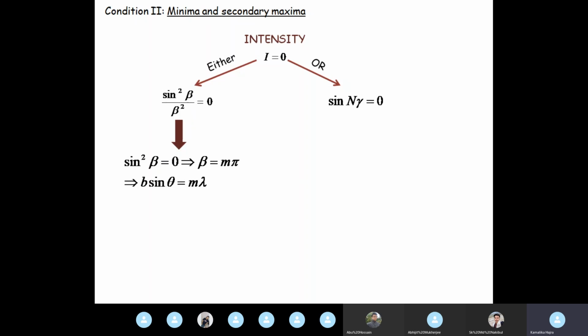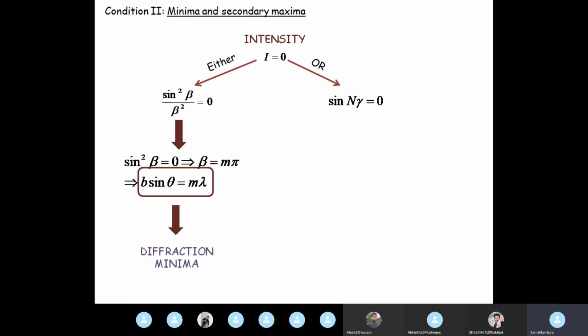So this is the condition of diffraction minima, and as in the case of single slit and double slit, all the positions at which the condition of diffraction minima are satisfied, we would get a dark line in the intensity pattern.